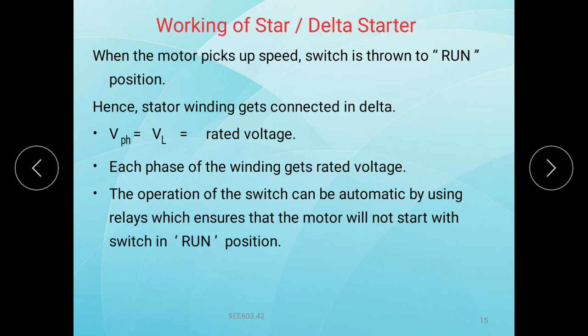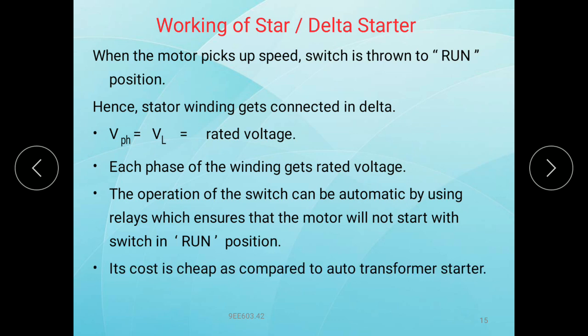The operation of the switch can be automatic by using relays, which ensures that the motor will not start with the switch in run position. Its cost is cheap as compared to auto transformer starter.